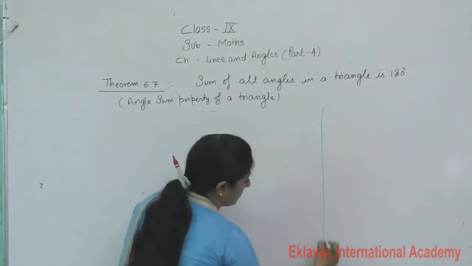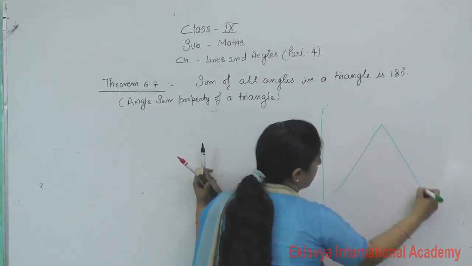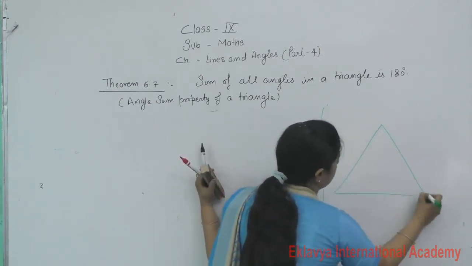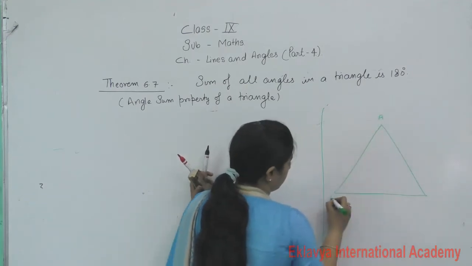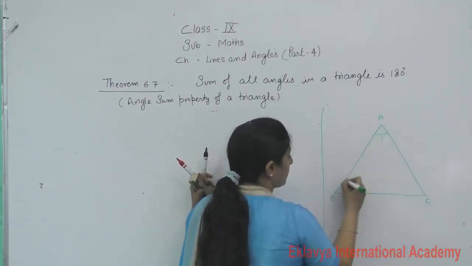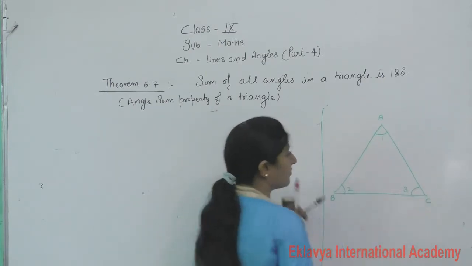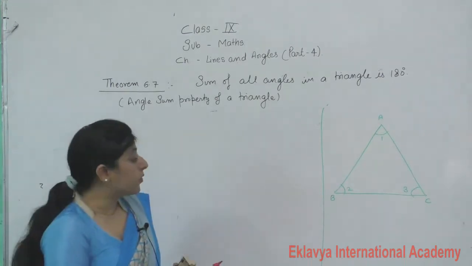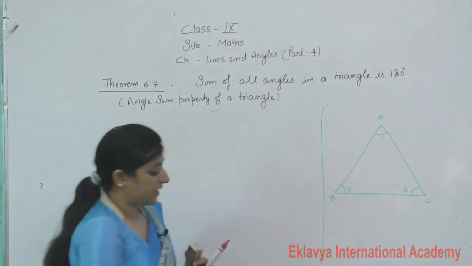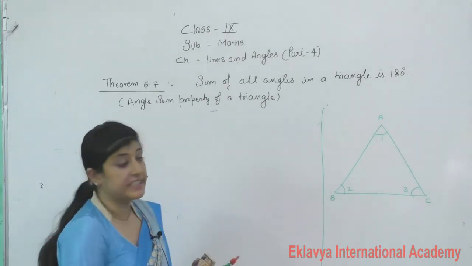See figure. We take a triangle, given a triangle ABC. What we have to prove? That angle 1 plus 2 plus 3 is equal to 180 degree.